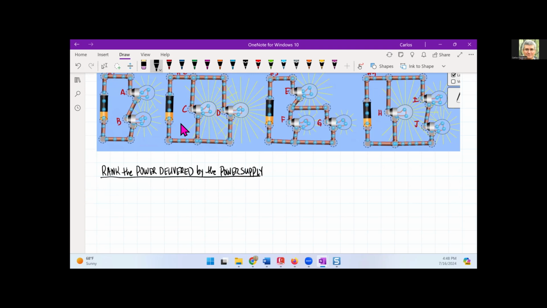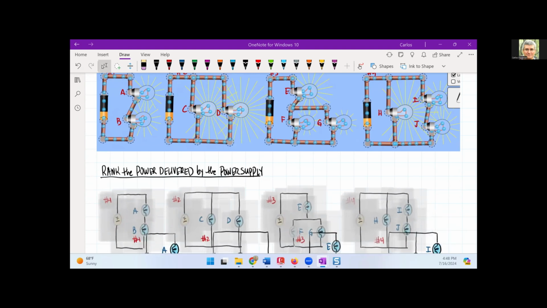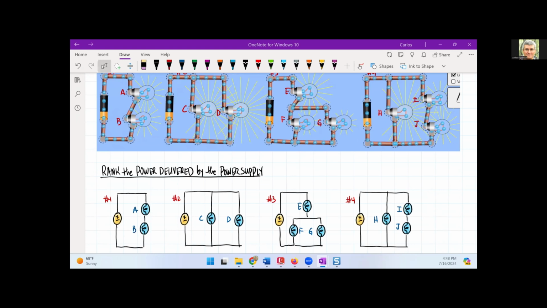So let's go look at these. I'm going to go up and grab those circuits and bring them back down. So here are my circuits right here.